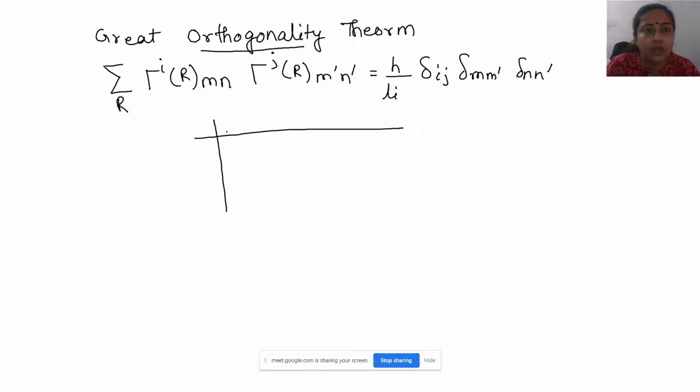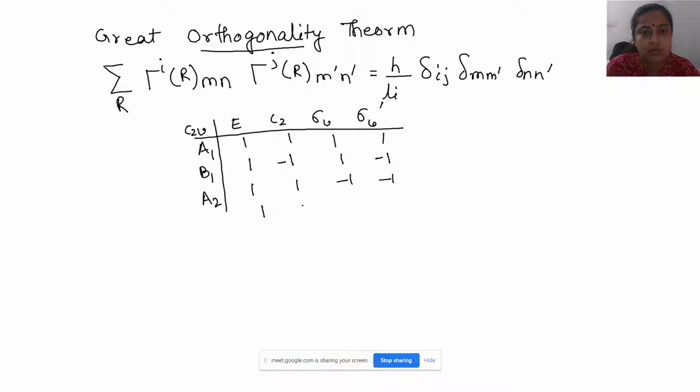So if you write down the C2v character table, there are four irreducible representations: A1, A2, B1, B2.